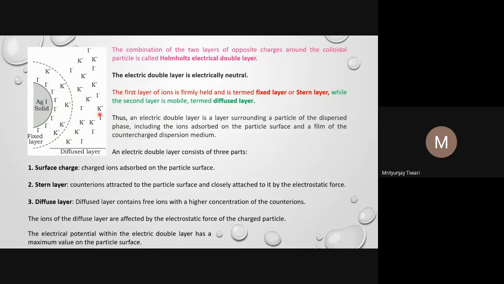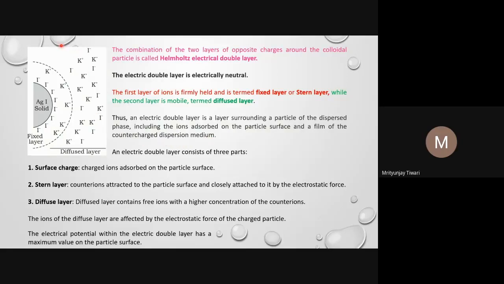That is why this mobile layer, the diffuse layer, also contains some particles of the dispersion medium, some ions, and some molecules of the solution as well. So an electrical double layer is a layer surrounding a particle of the dispersed phase, including the ions adsorbed on the particle surface and a film of the counter-charged dispersion medium.